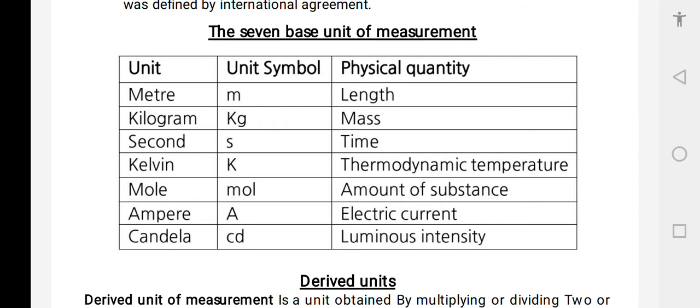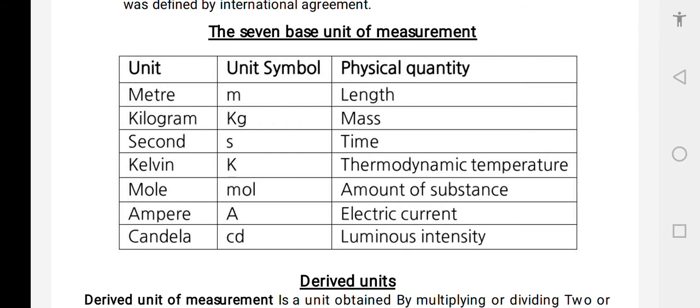That is on our far right column. When you look at our far left column, we are able to see the units that can be used to measure the quantities that you are able to see on our right.